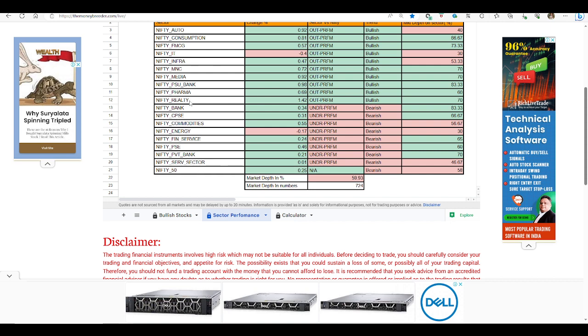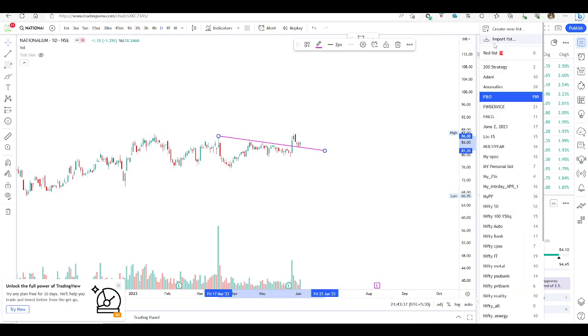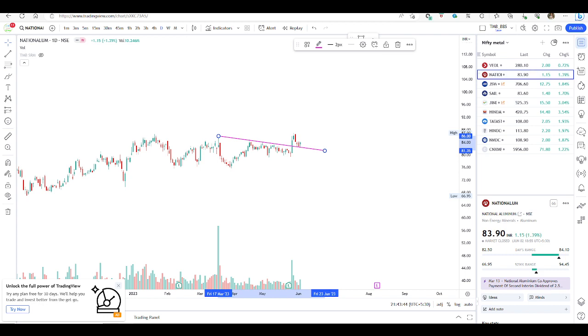I missed the metal sector here. Let's go to the sector. Nifty metal sector, see the metal sector performance. Now the metal sector has started performing well.